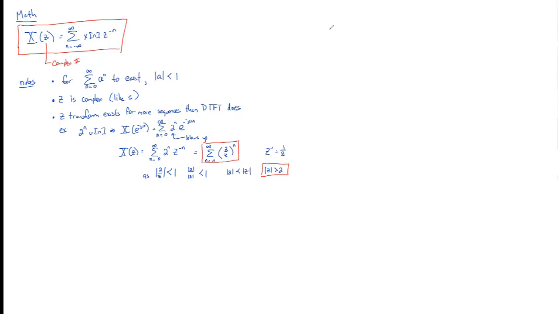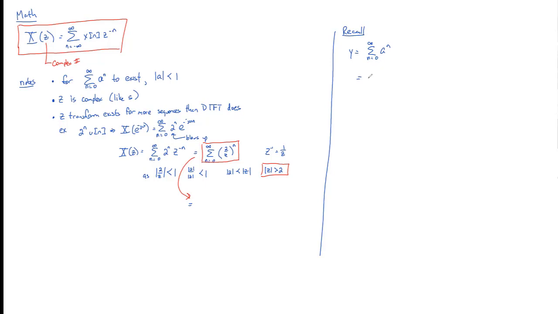Let me actually finish finding the z transform for this. So I'm going to continue on our evaluation of that down here. You'll remember, let me give a quick recall block over here. We want to find the sum from n equals 0 to infinity of a to the n. Just plug in our numbers.